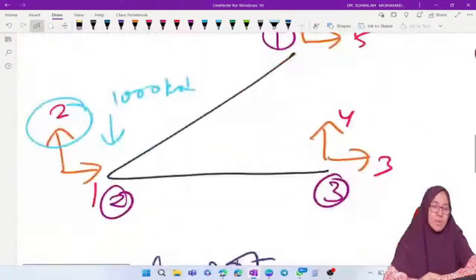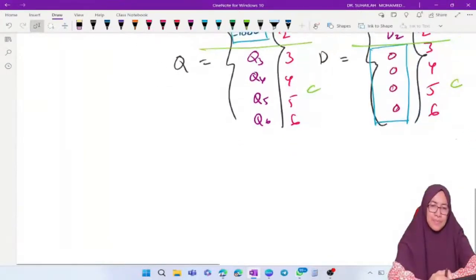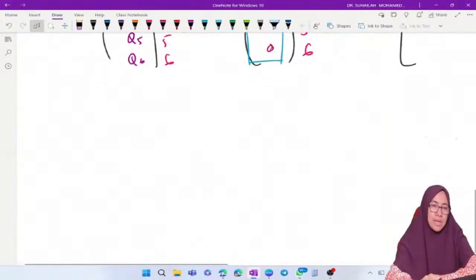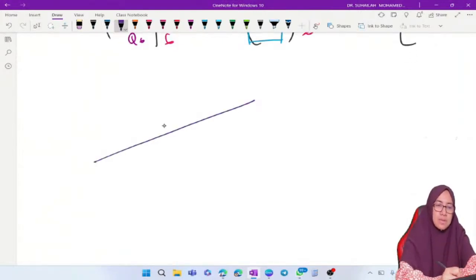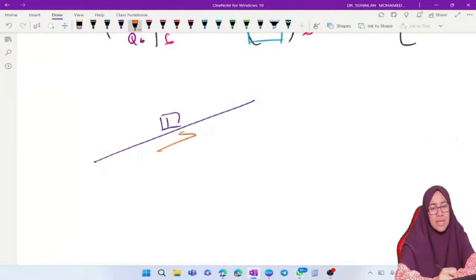Now I want to extract element 1. This is element 1. The node number arrow is like this.